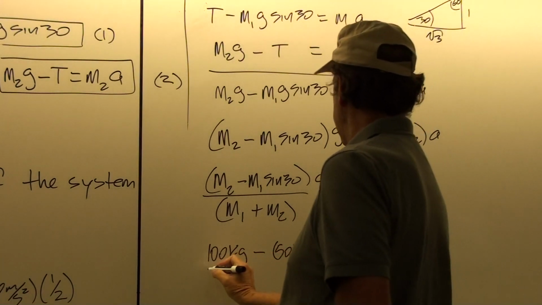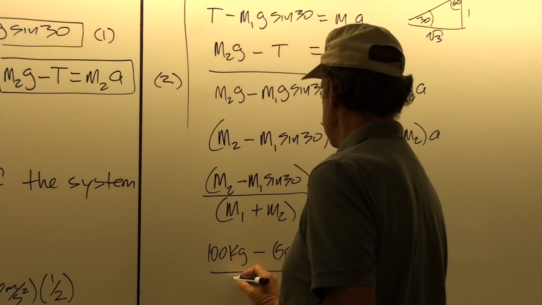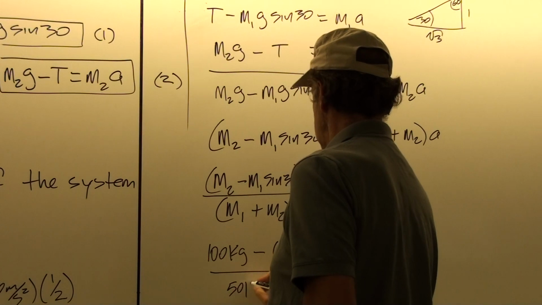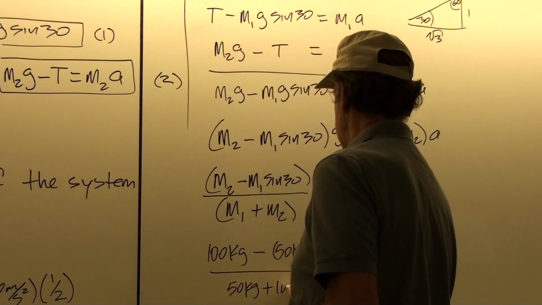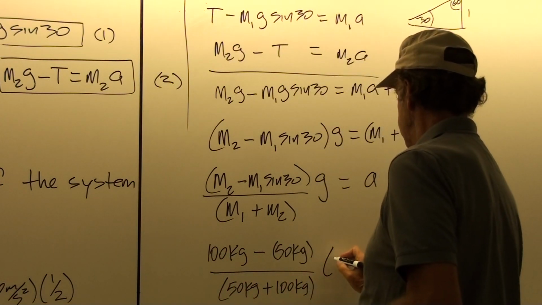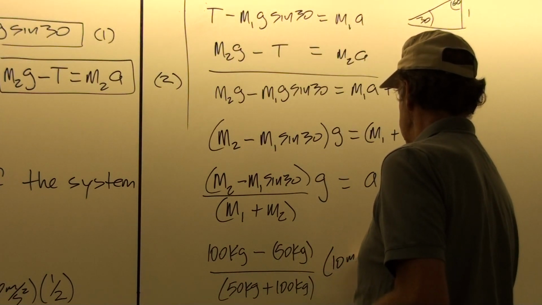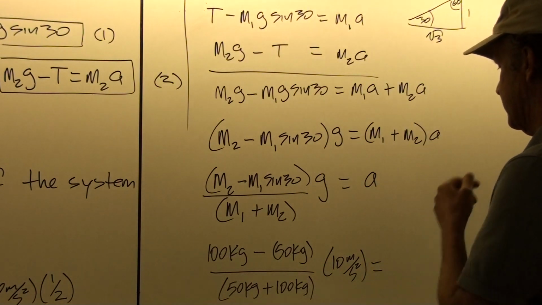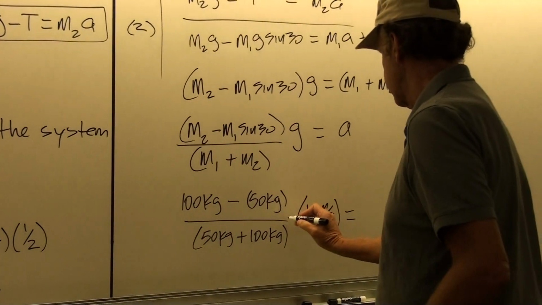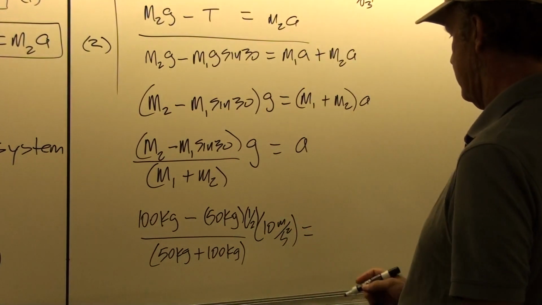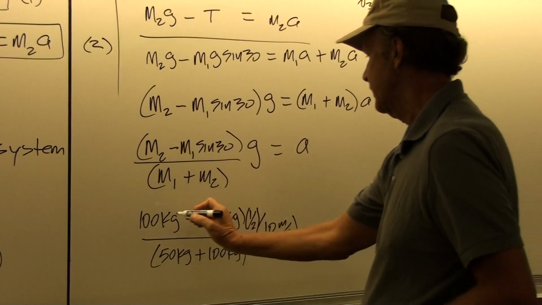Then we'll divide that by M1 plus M2, so that's going to be 50 kilograms plus 100 kilograms, all times 10 meters per second squared. That's our acceleration, and this is times 1/2 here. 50 kilograms times 1/2.